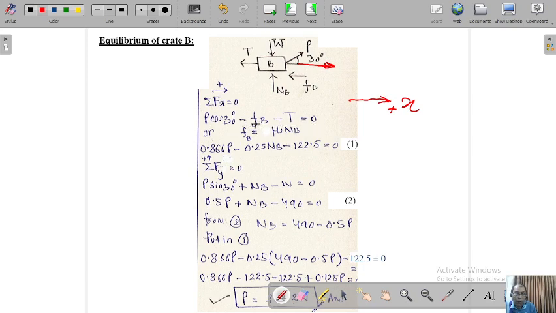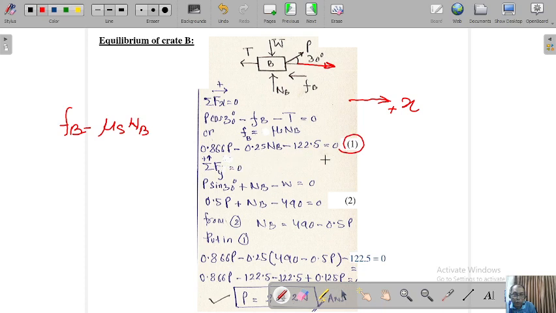From here we know that Fb is equal to mu s into Nb. So we can apply this. Cos 30 is 0.866 P minus mu s, given as 0.25, Nb minus t, which is calculated already in the equilibrium of crate A, it is 122.5. We call this equation number 1.